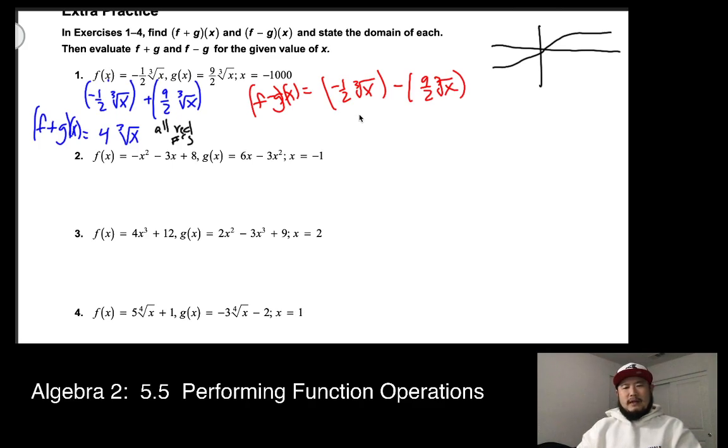So this simplifies down to negative 5 times the cube root of x. That is f minus g of x. Once again, the function is similar, except we have a reflection. My domain, once again, is all real numbers.